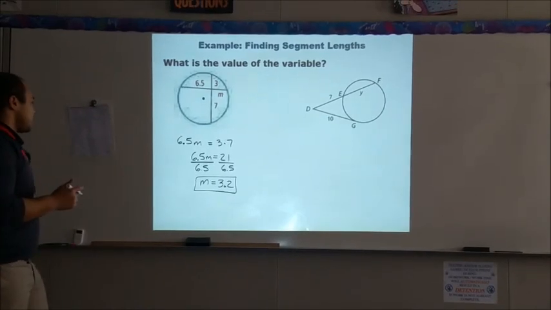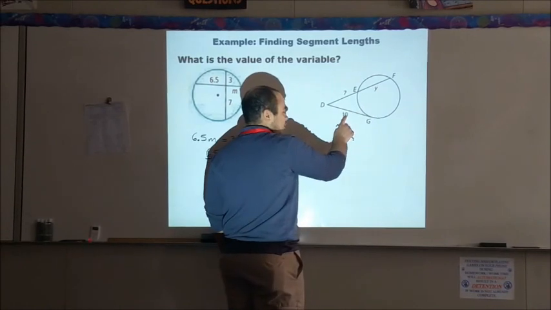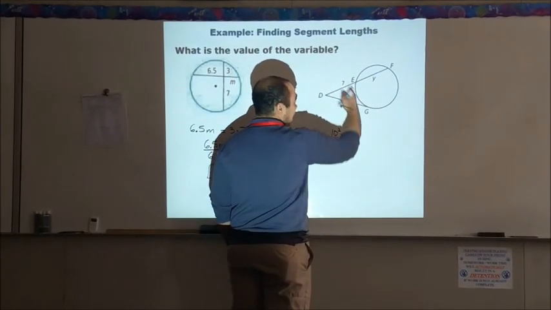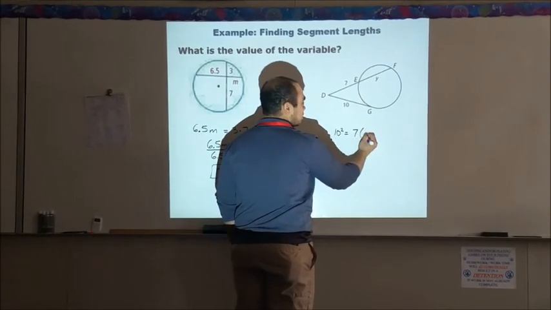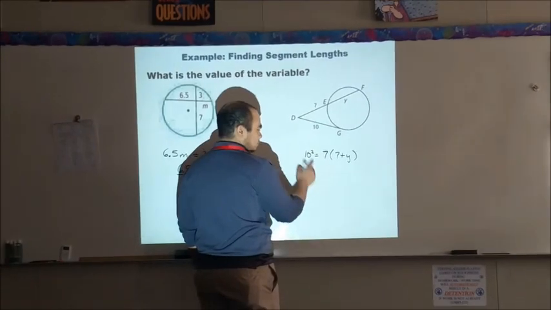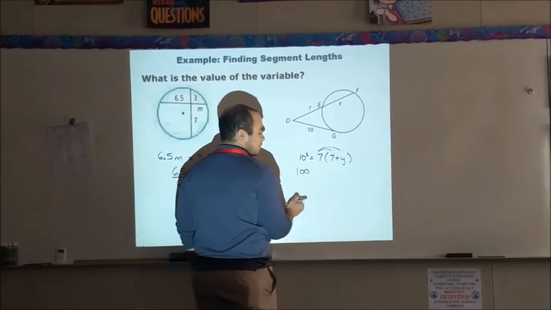All right, the fourth example, we have a secant and a tangent again. Remember, it's the tangent squared equals the outer piece of the secant times the sum of the two pieces of the secant. Here, 10 squared is 100. Here, we're going to distribute.